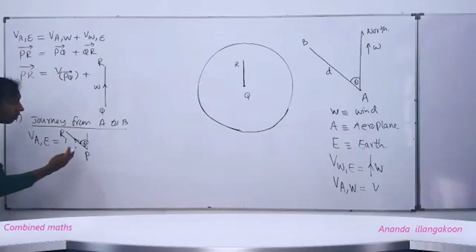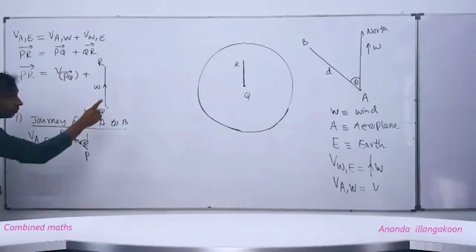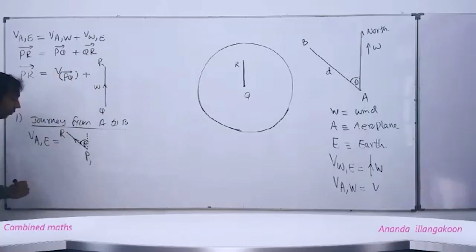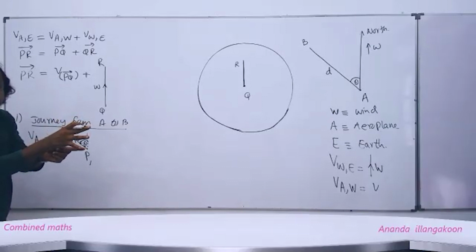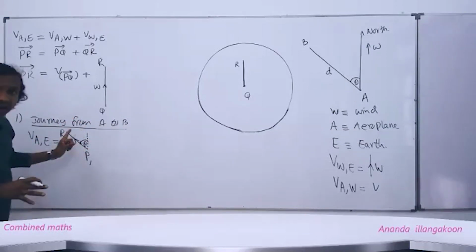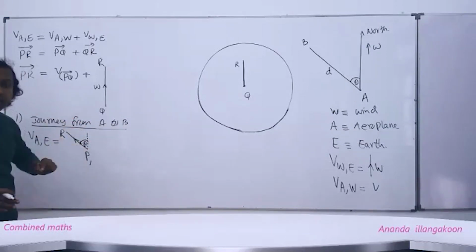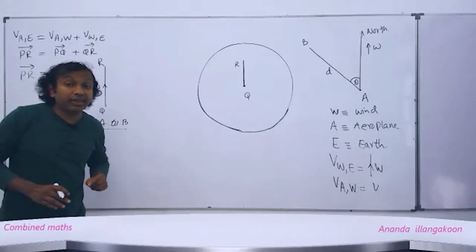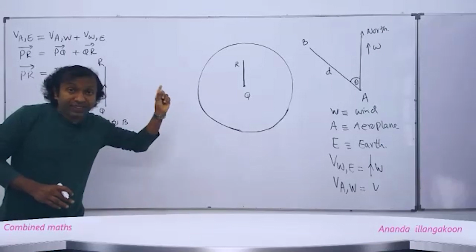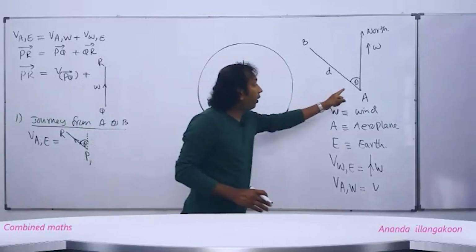I take it as P1, people, not PR1, P1R. Point P only changes for both journeys. P1R. I am going to take not PR1, P1R. Then can you tell me where the point P1 should be to get this P1R vector in the direction A to B?